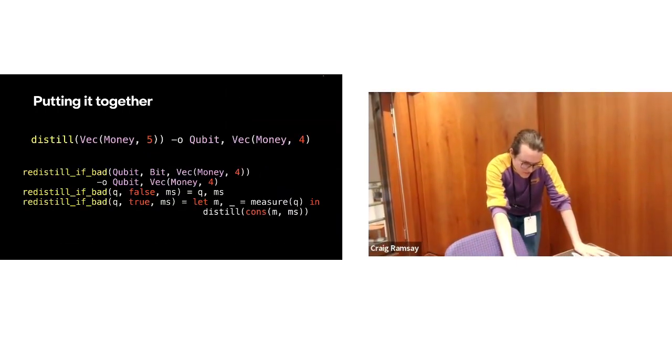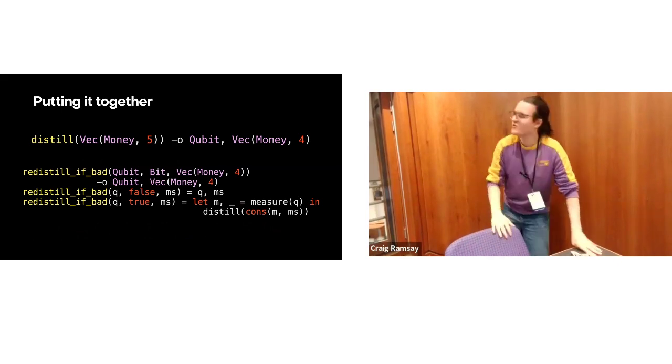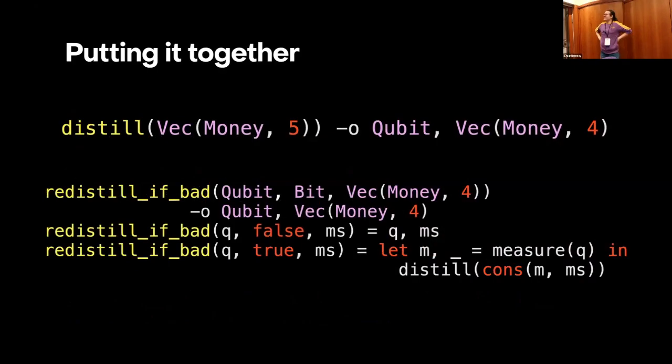Okay, now the top level function should be pretty easy, but there's a little bit of awkwardness here. If we assume that the top level type signature for the function is that we have 5 money tokens and we're creating 1 state and 4 money tokens, which is to say that we're going to repeat until we actually get the state we want and give back the 4 holes that we made by measuring everything. Then it's pretty simple.